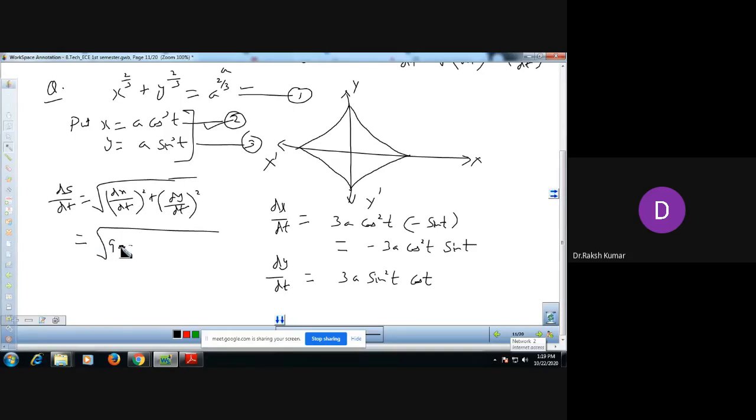So it comes out to be 9a square sine 4t into cos square t, plus 9a square into sine square t into cos 4t.